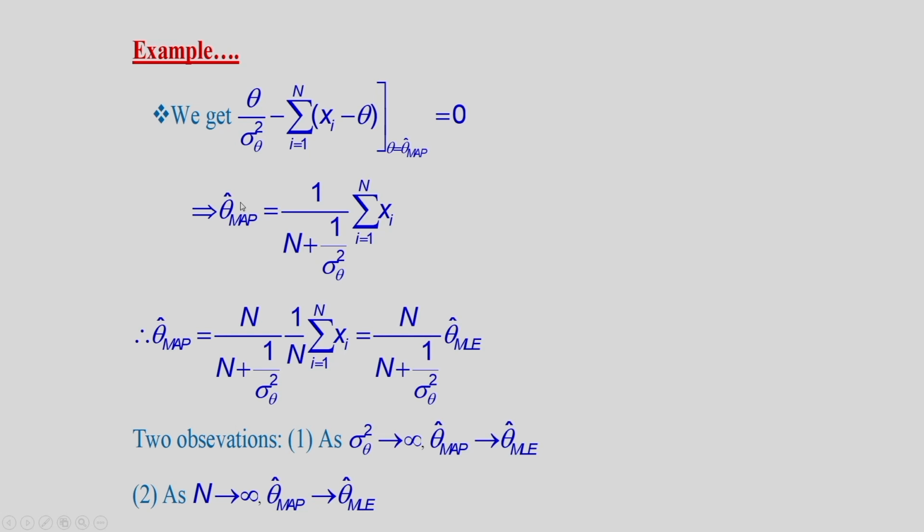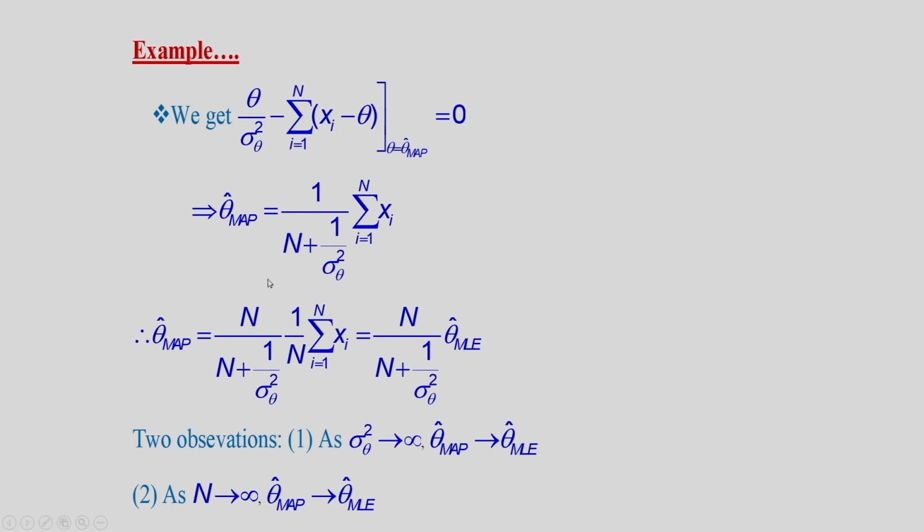So, this will give theta hat MAP is equal to 1 by n plus 1 by sigma theta square into summation xi, i going from 1 to n. This is the expression for theta hat MAP.